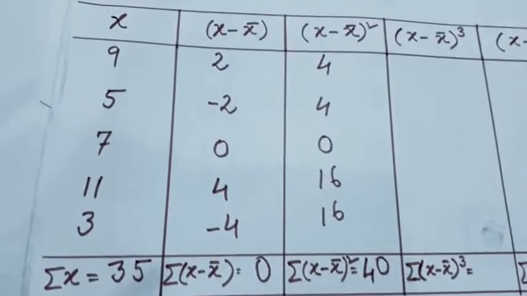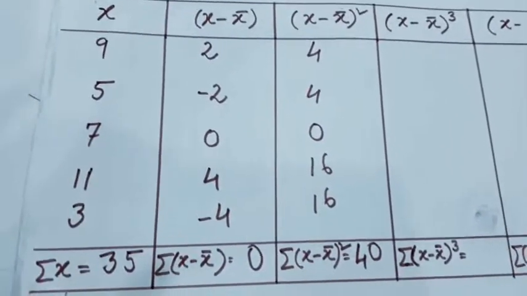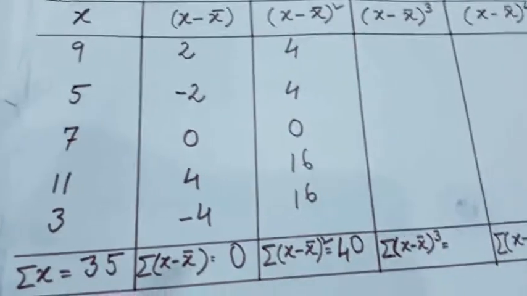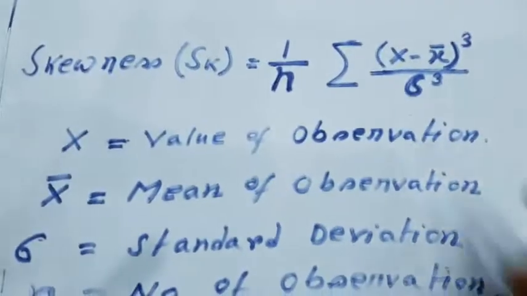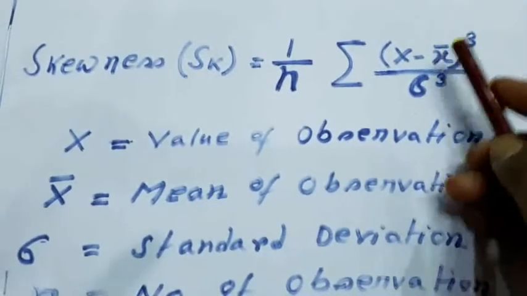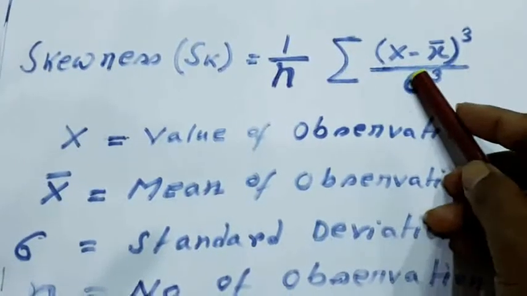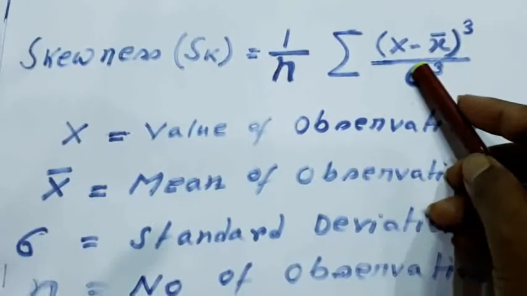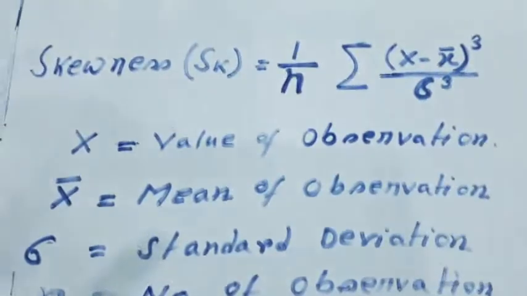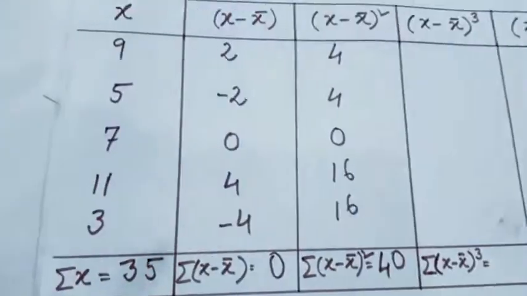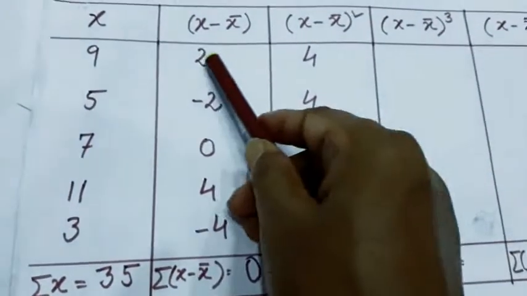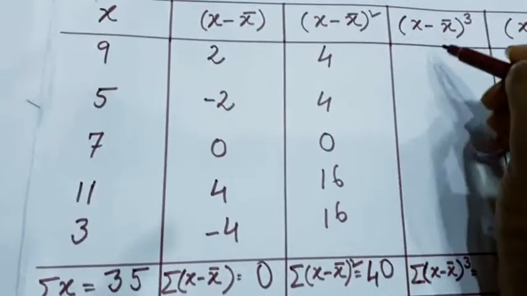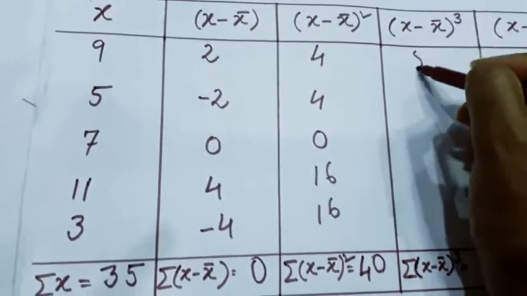Okay. Now we have got the value of x bar, we have got the value of sigma. Now we have to get the value of x minus x bar whole cube. 2 cube, 8.